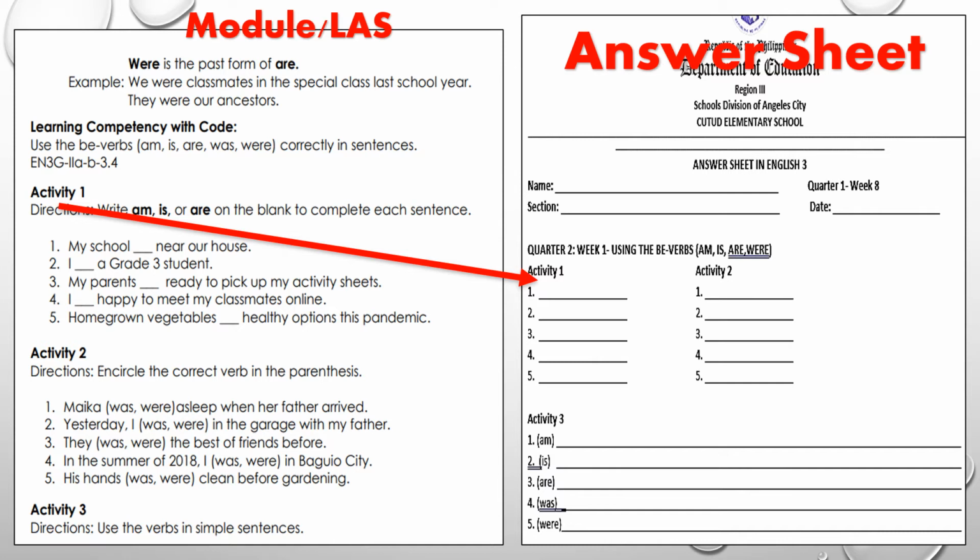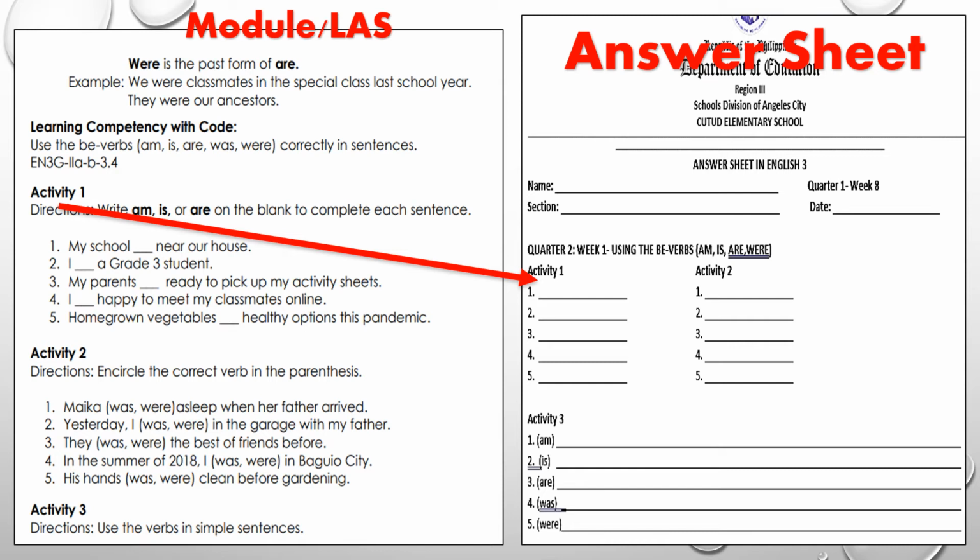So now grade 3, kindly write your name in the answer sheet provided with you in your learning packets. Don't forget to write your name, your section, and the date today. So if you're going to look at quarter 2, week 1, the uses of be verbs am, is, are, and were should be answered in your activity 1. So look at activity 1 in your answer sheet, then look at your module.